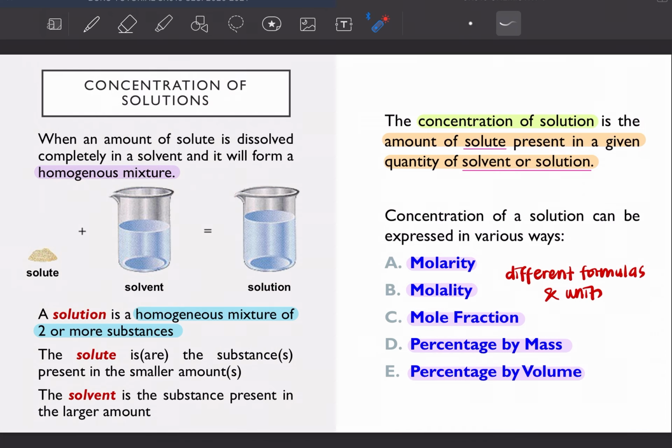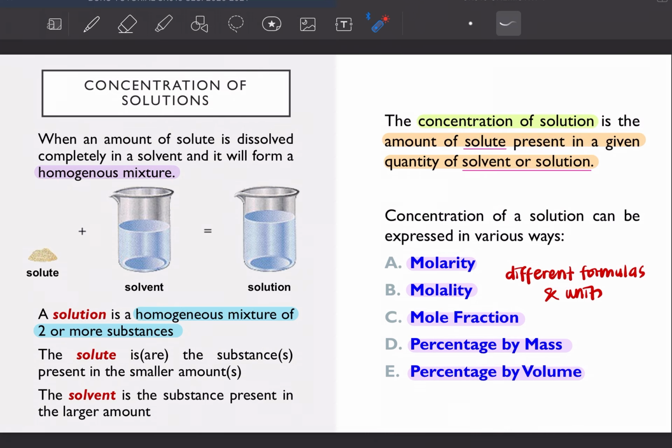Alright, so how do we define the concentration of solution, kepekatan of this solution? We define it with the amount of solute present in a given quantity of solvent or solution. Maksudnya, we have a few ways to define the concentration of our solution.